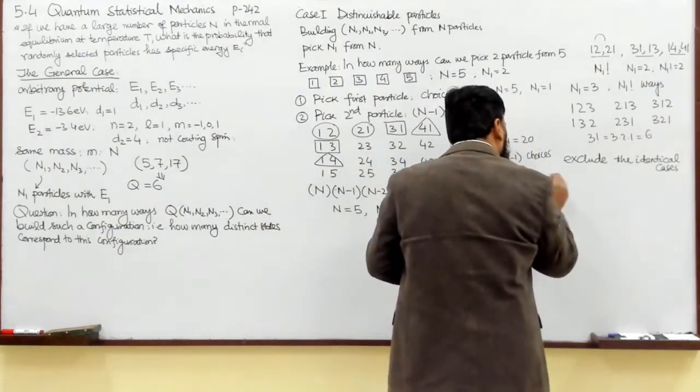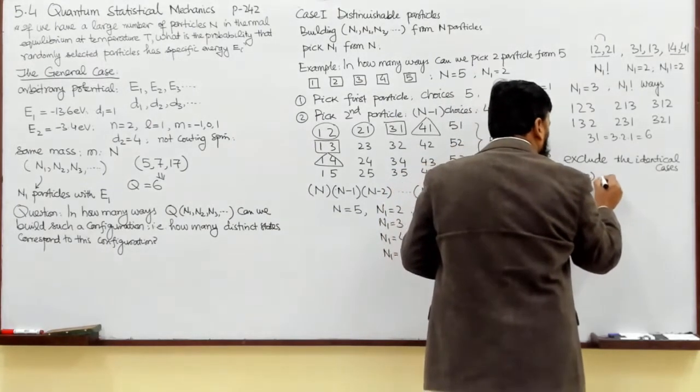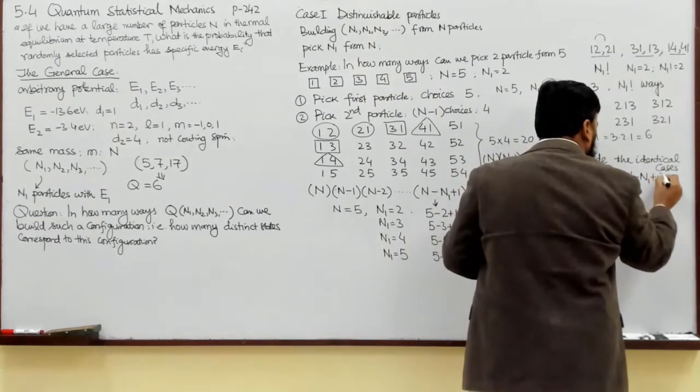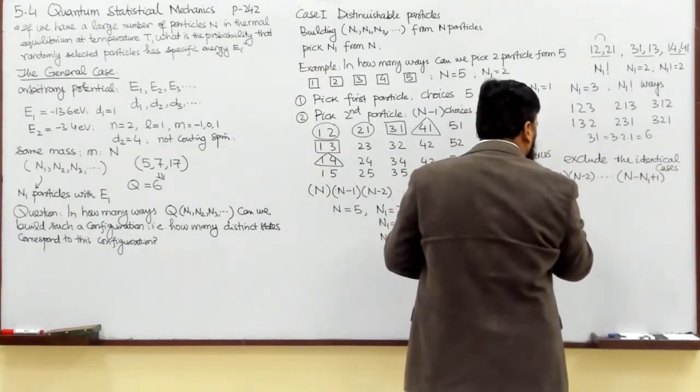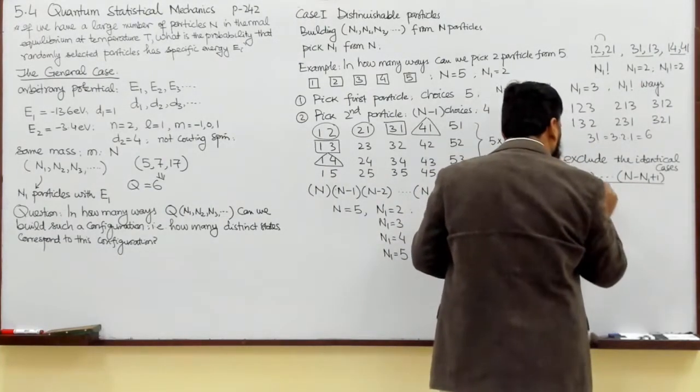So this implies that n into n minus 1 into n minus 2 up to n minus n1 plus 1, we will have to divide this whole by n1 factorial.